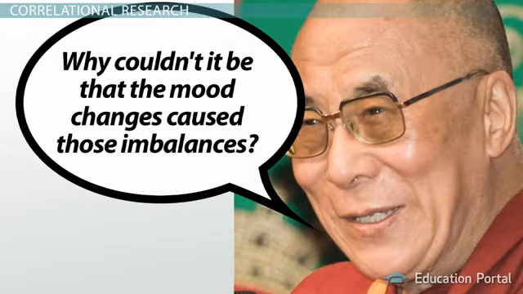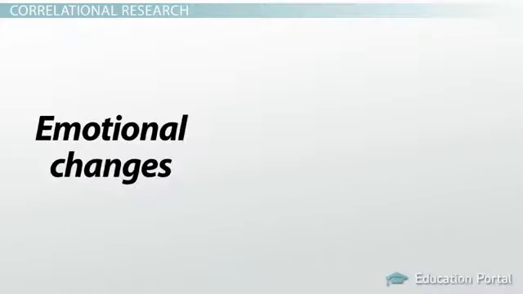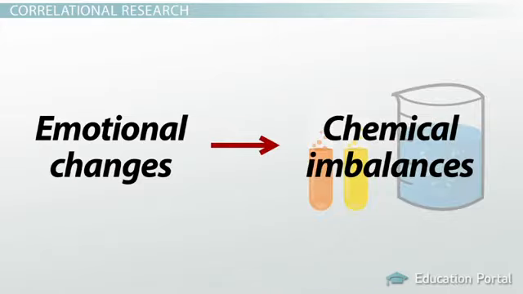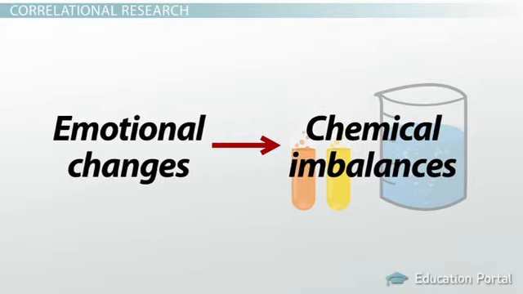But the Dalai Lama asked them, why couldn't it be that the mood changes caused those imbalances? And despite not being a man of science, he is a man of wisdom, for he is completely correct. Emotional changes themselves, triggered for any number of reasons, can cause new chemical imbalances in our body, and vice versa.